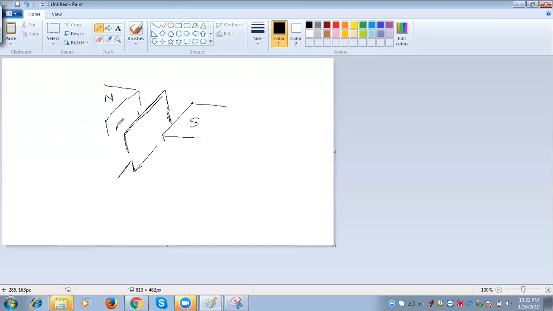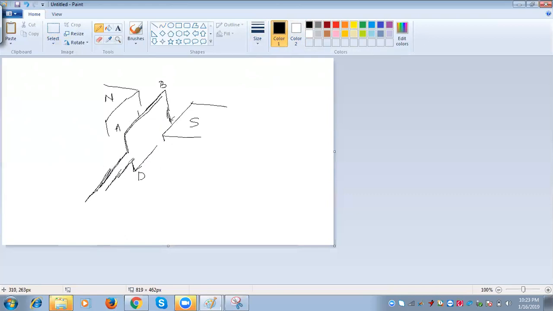AB has come up, CD down. Okay, C and D. AB was connected to the red color ring and CD was connected to the blue color ring.